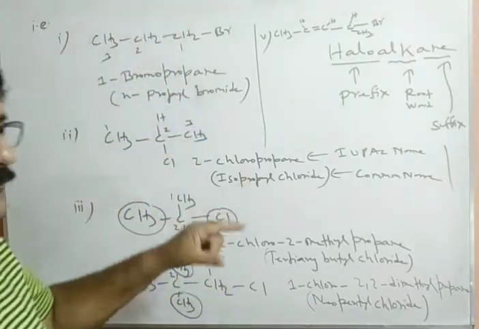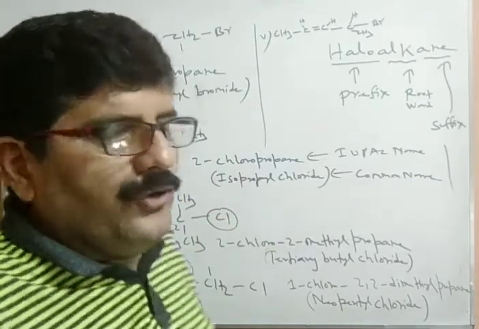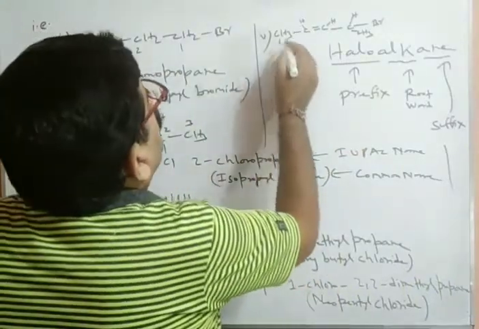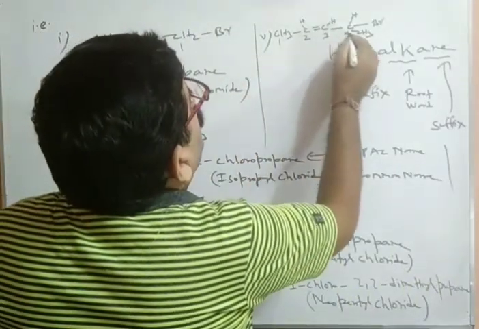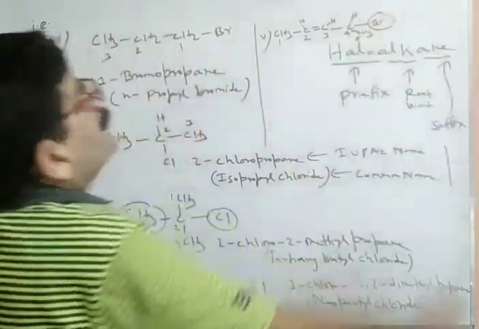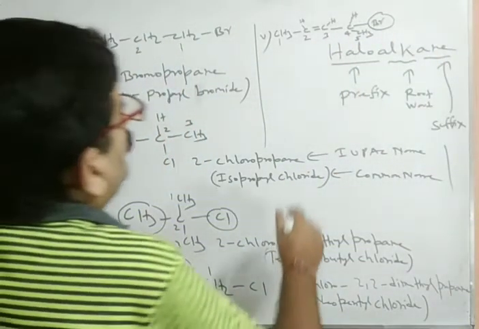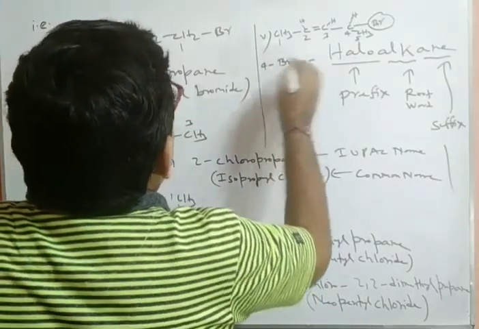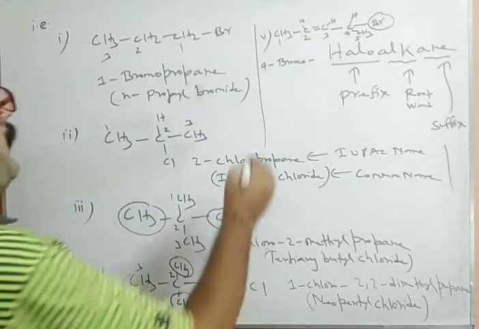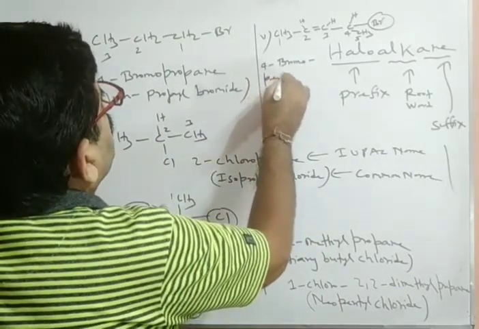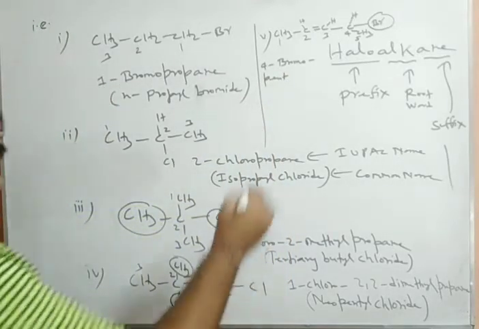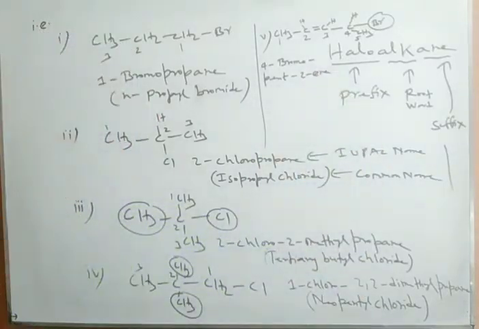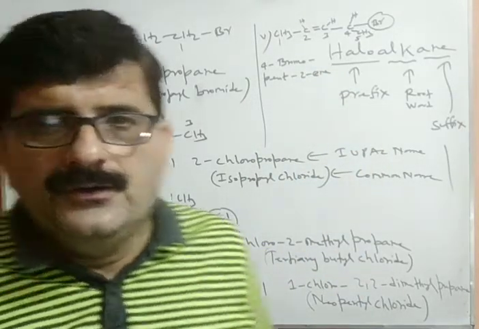So the double bond always goes to the minimum position in the longest continuous chain of carbon atoms. So numbering 1, 2, 3, 4, 5. We can write 4-bromopent-2-ene. Ene is what? A compound containing a double bond.